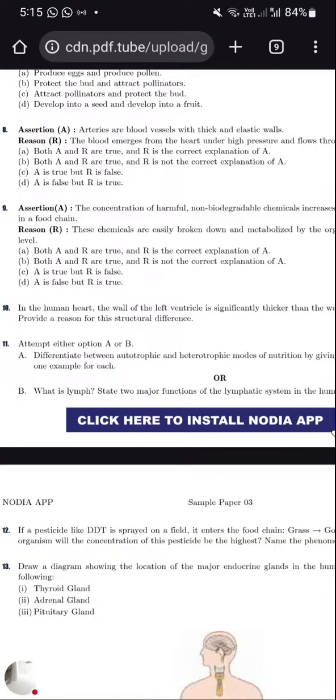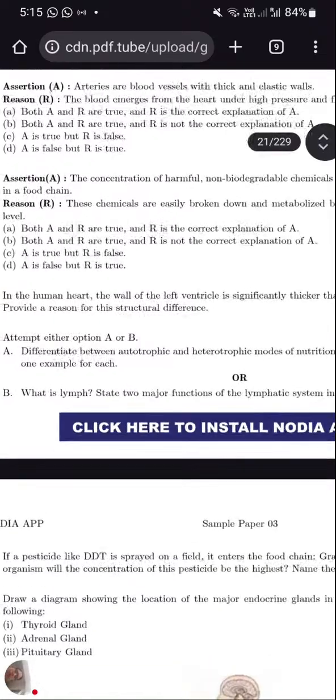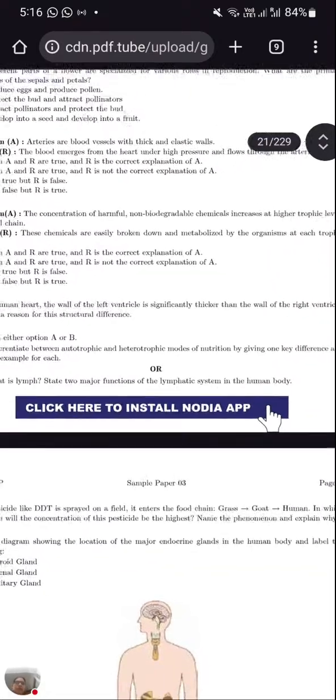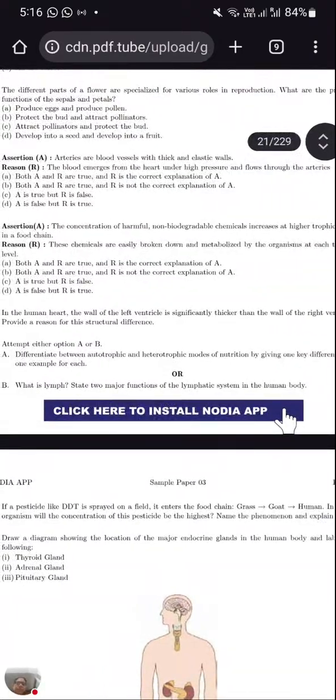Okay, 9th one, once I'm reading, you just listen to it carefully. The concentration of harmful non-biodegradable chemicals increases in the higher trophic level, which we call biological magnification. These chemicals can easily be broken down. So that is completely wrong. These chemicals cannot be broken down.